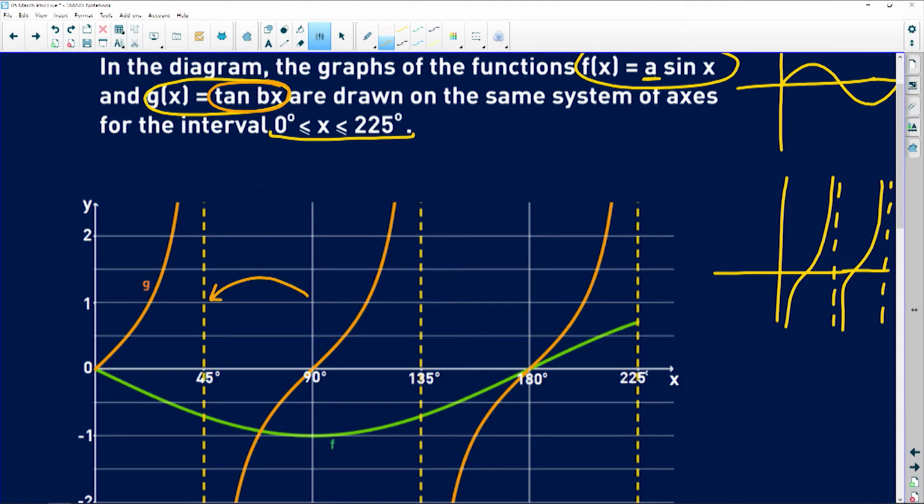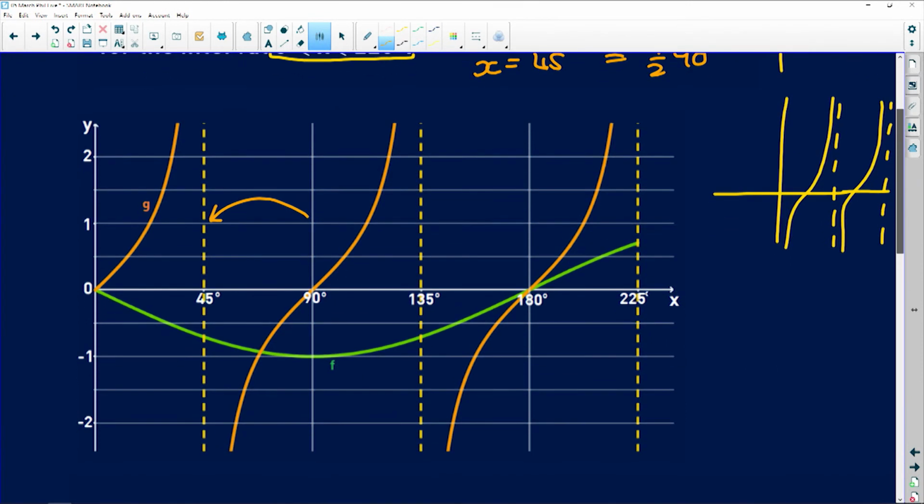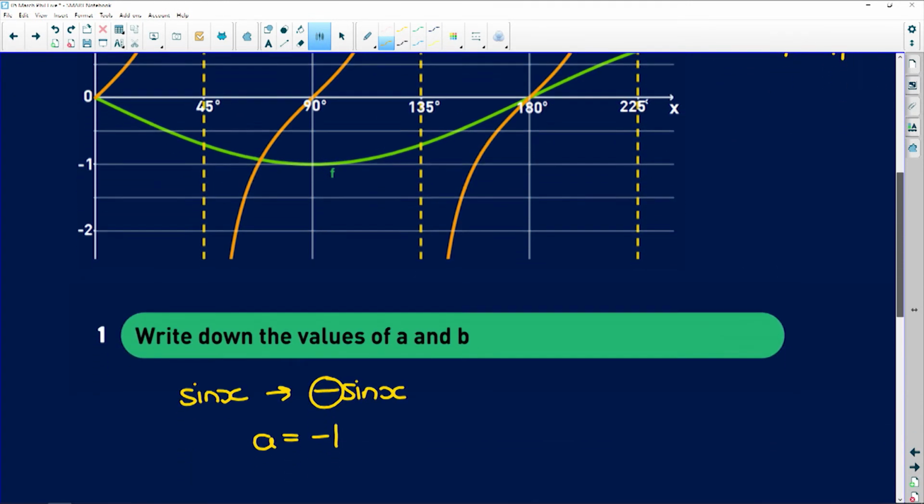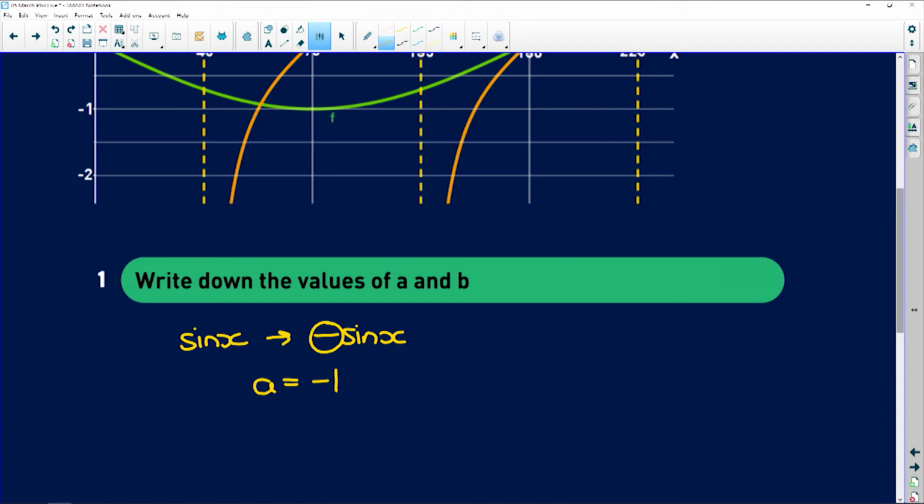So if I look at that, and I've got x equals 45 degrees as an asymptote, which is half of 90 degrees, it means that the period of this graph must have been halved, okay? And if it's been halved, it means that the angle that we're dealing with must have been multiplied by 2.